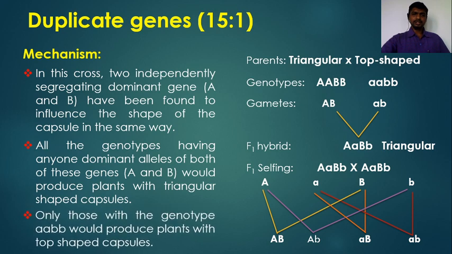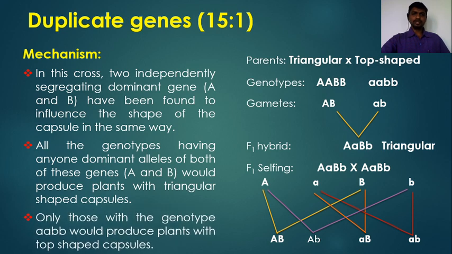Only those with the genotype small aabb will produce plants with a top shaped capsule, because in this genotype none of the dominant alleles of the genes A and B is present. All the alleles are recessive, because of which it produces the top shaped capsule.